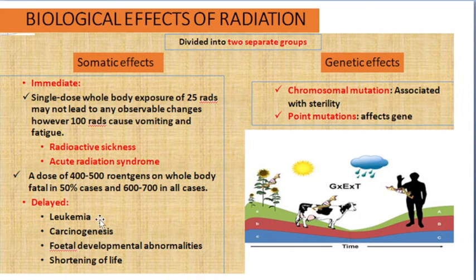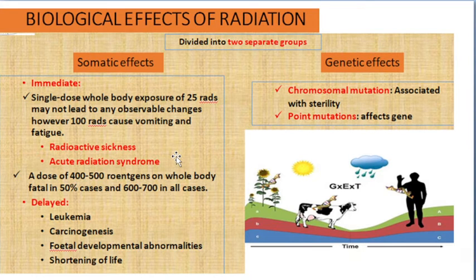A dose of 400 to 500 roentgens, which is used for X-rays, on the whole body is fatal in 50% of cases, and 600 to 700 in all cases. Then in delayed cases it creates leukemia, meaning blood cancer.